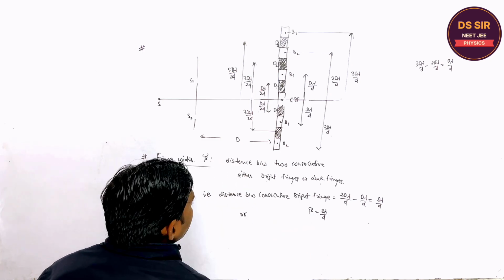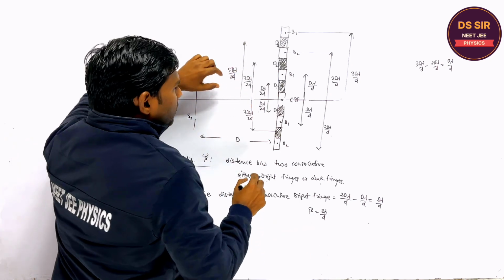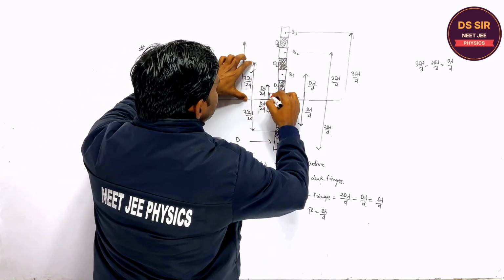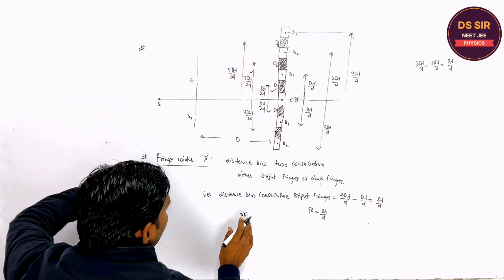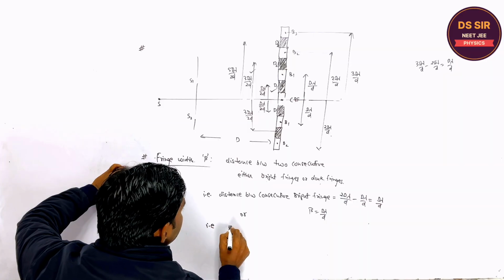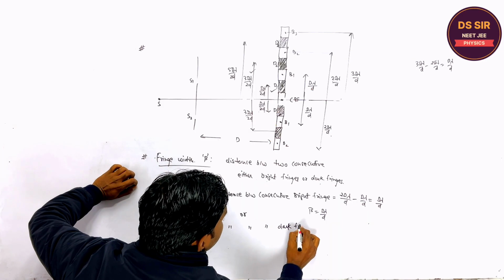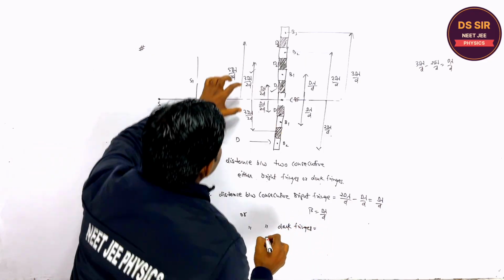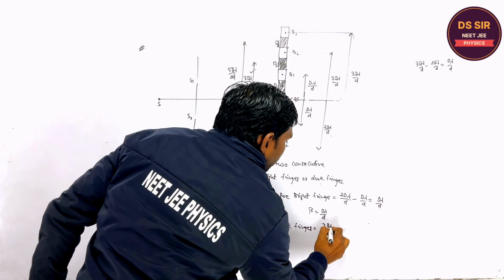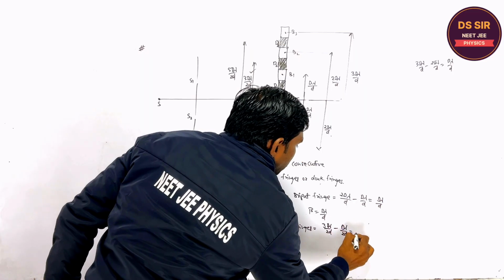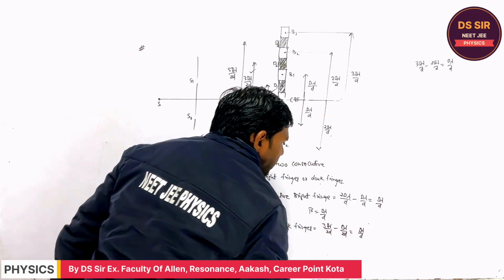Or you may find the fringe width with the help of the dark fringes. The distance between consecutive dark fringes is 3d lambda over 2d minus d lambda over 2d, so it comes again d lambda over d.